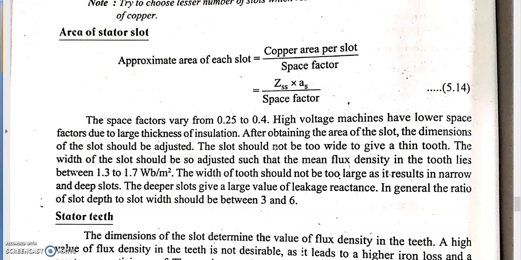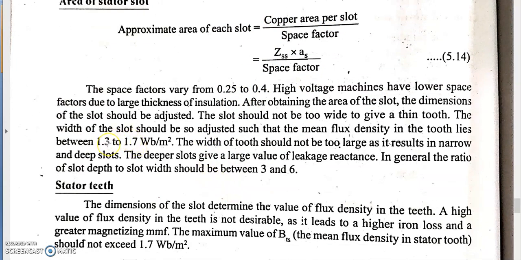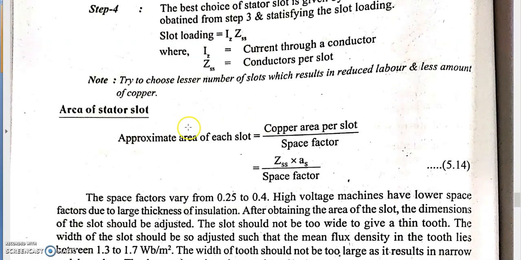And then we will be calculating the slot dimension. Slot dimension includes slot width and tooth width. Slot width should not exceed its limit. Slot width we will be calculating by calculating the area of the slot, and by assuming the slot space factor and copper area per conductor, that includes width and depth.